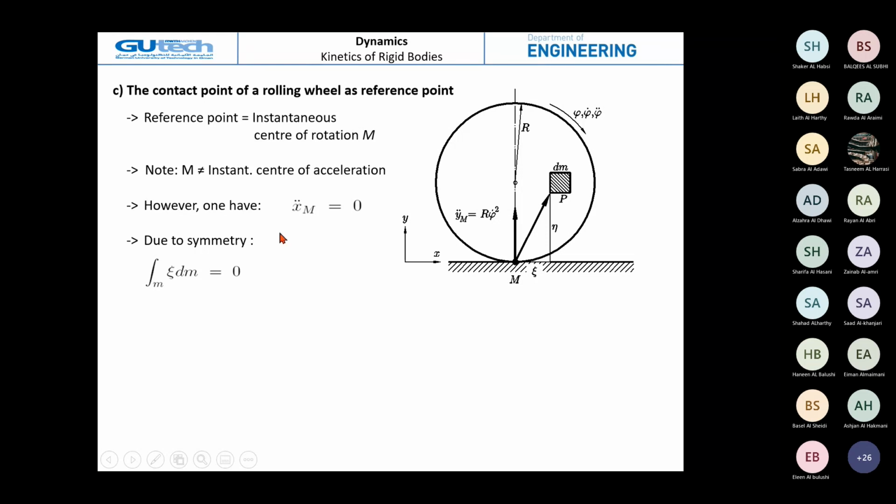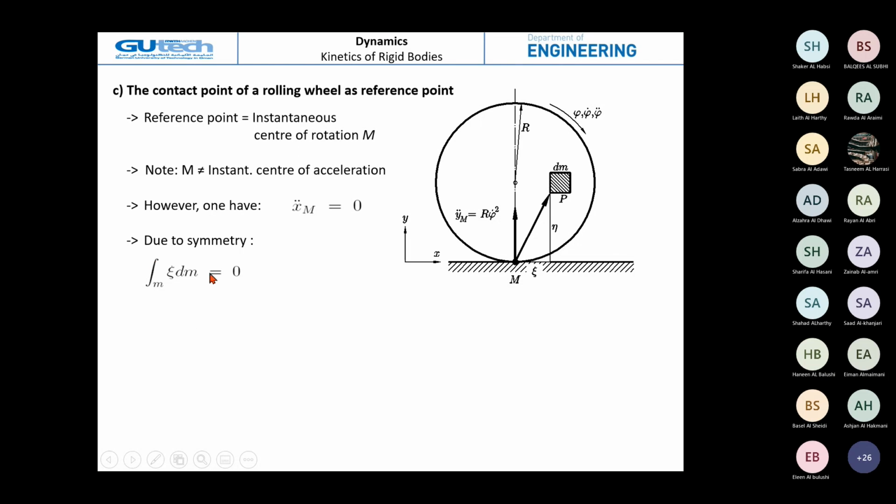We have here x dot dot M equal to 0, and due to symmetry, if we take C here, the left part and the right part will be opposite.